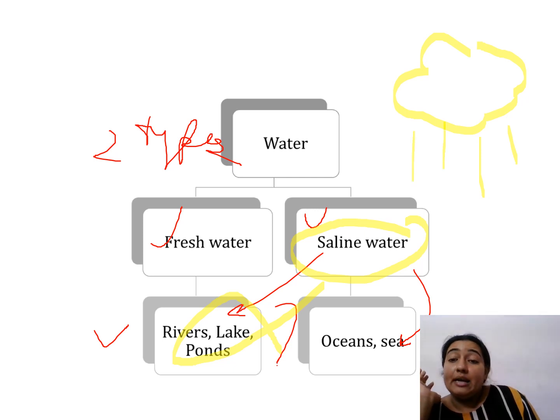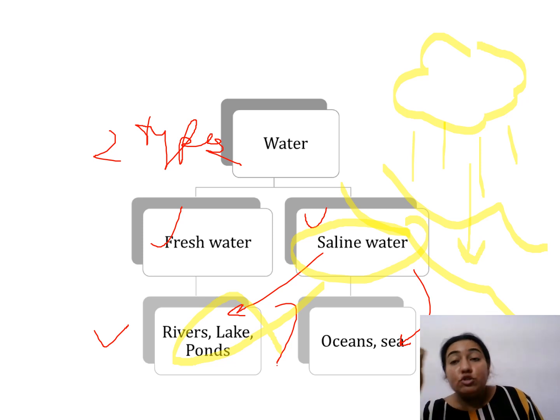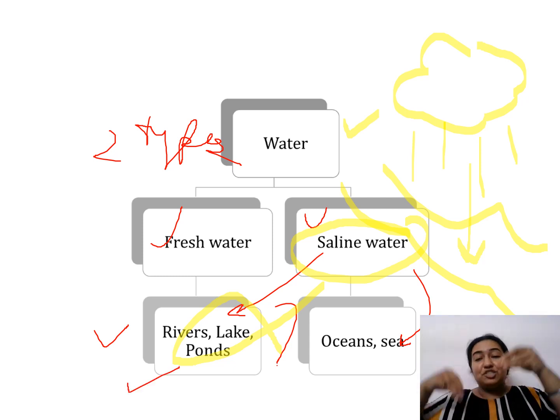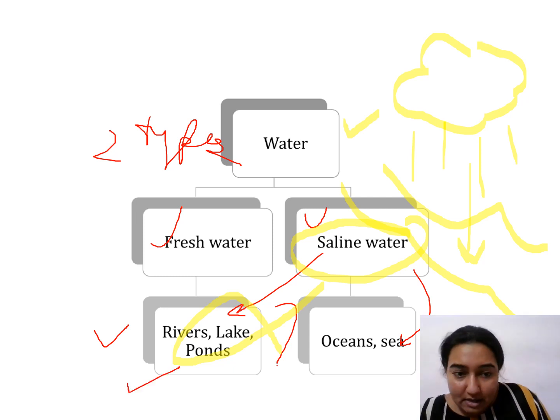Now we can see that there are also rivers. That rain is getting accumulated into these rivers. The fresh water coming from the cloud in the form of rain gets accumulated in these rivers and lakes, and that's why they are fresh water, fresh from the clouds.